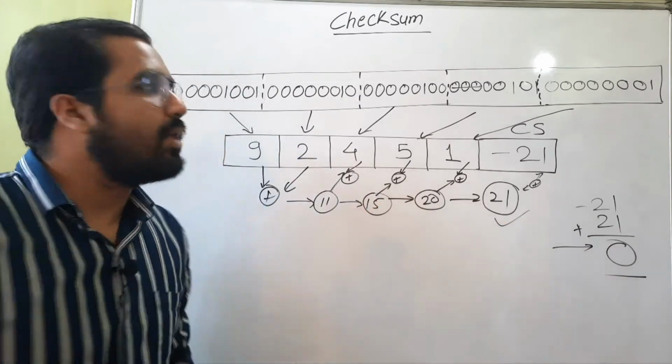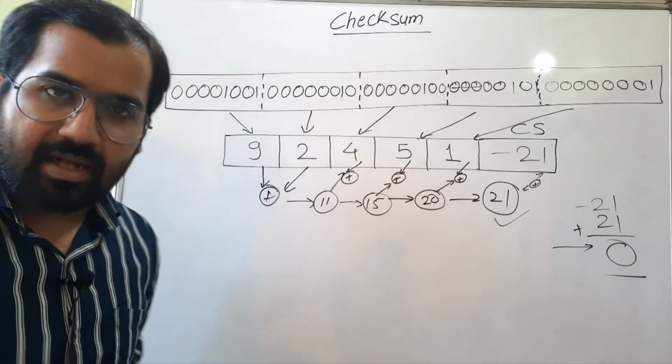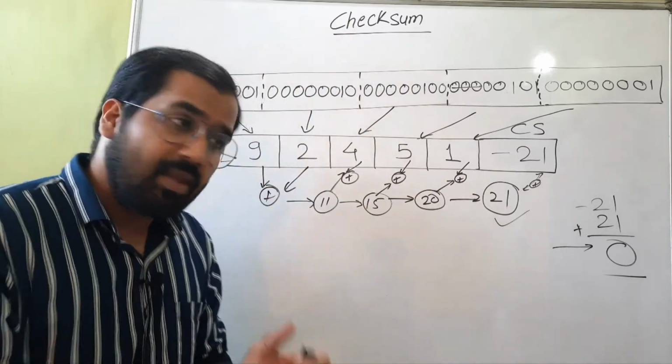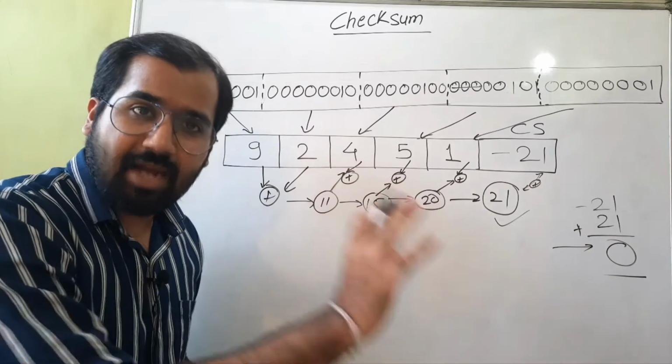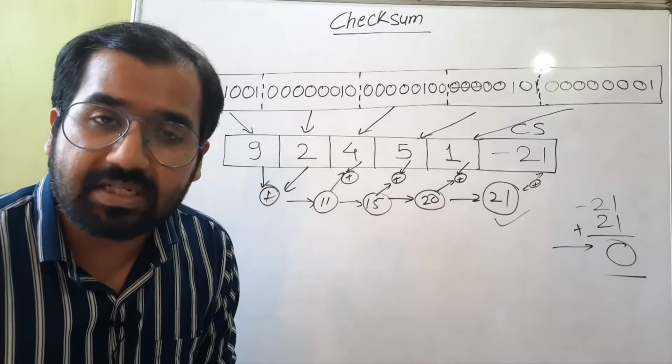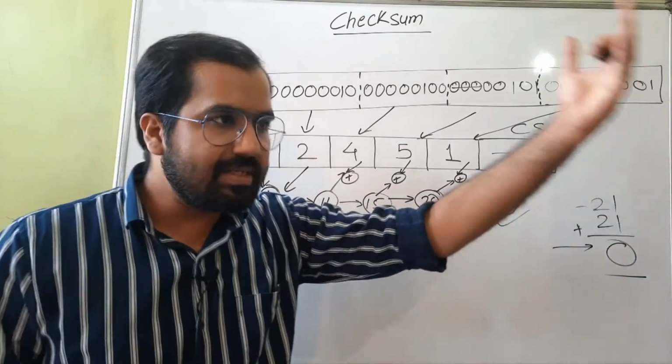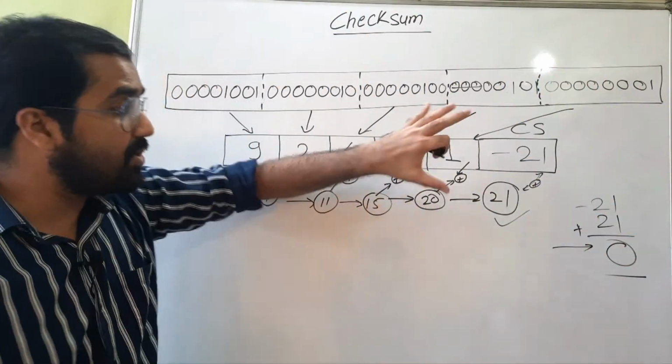So this is how we can detect an error, if it exists, by using the checksum at the receiver end. And if a non-zero number occurs as an output at the receiver end, the receiver will simply approach the sender and send a request for retransmission of the same data.